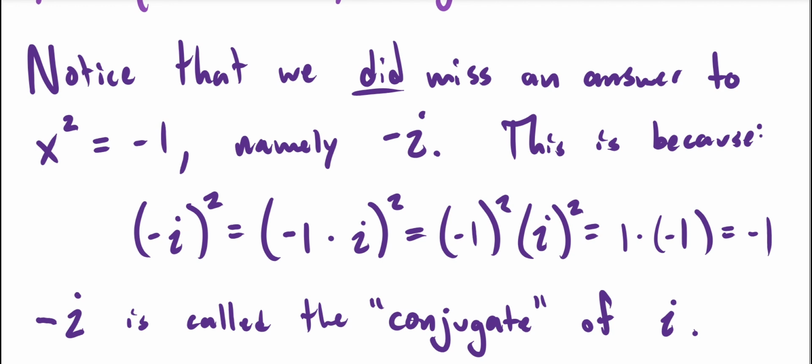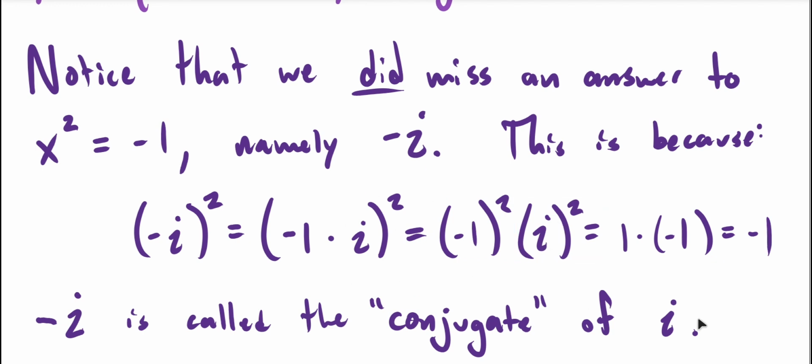So it's worth mentioning at this point that we did in fact miss an answer to the equation x squared is -1. The negative of i, the thing you would add to i to get 0, is also a solution to this equation. And this is because if I square it, the square distributes against the -1 and against the i, and that gives me -1 also.